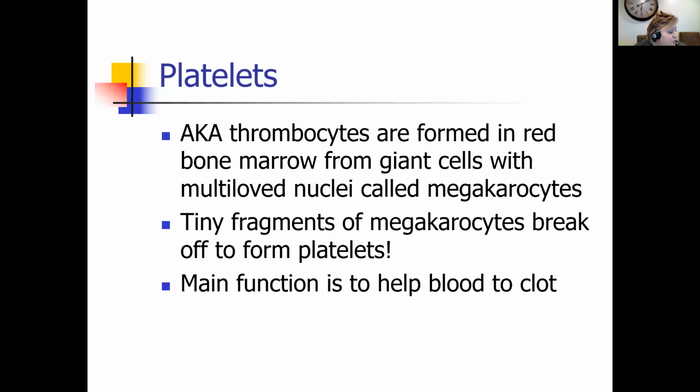The main function of platelets, or thrombocytes, is to help the blood to clot. Okay, so the erythrocyte is responsible for oxygen delivery and carbon dioxide pickup. White cells, no matter which kind, are involved in some sort of infection prevention, and platelets are there to help the blood to clot. All of these are life-saving and necessary elements of the blood.